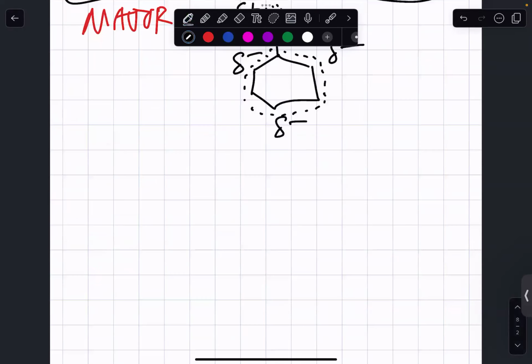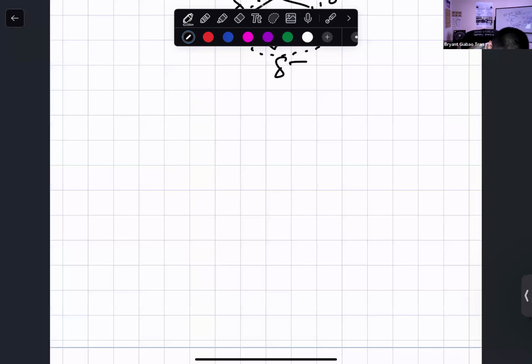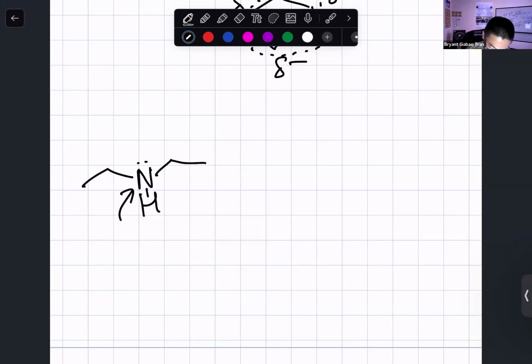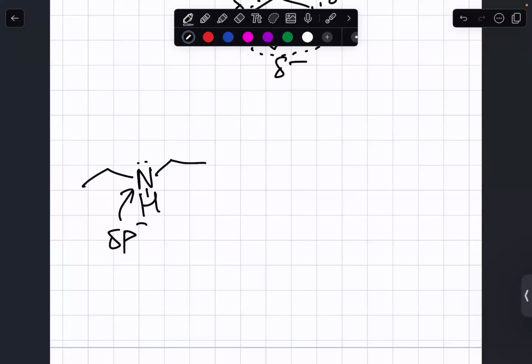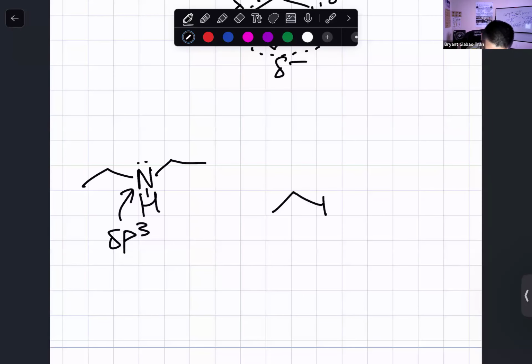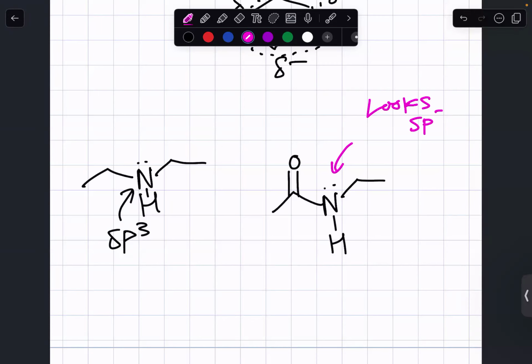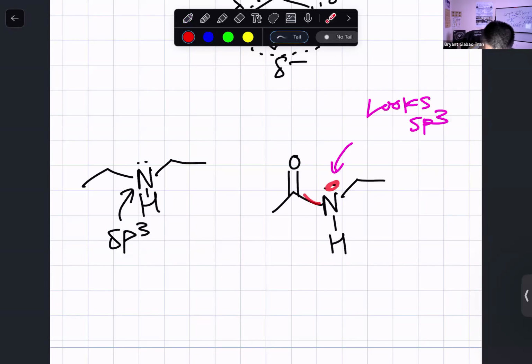There's one exception here. What would be the hybridization of this nitrogen? A pair of electrons counts as a group. So if this nitrogen has 3 bonds and a pair of electrons, is it sp3? Yes, sp3, 4 bonding groups. But now, if I put a carbonyl double bond nearby, this nitrogen looks sp3 because it looks like it has 4 bonding groups: 1, 2, 3, 4.